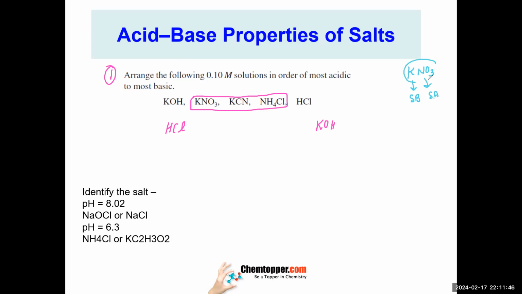So the pH is controlled by water and the pH is 7. So KNO3 is neutral. Place it in the center. It's a neutral salt, children. A strong acid with a strong base, the conjugates of both of them are very weak.